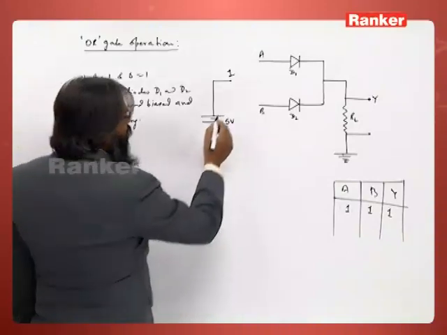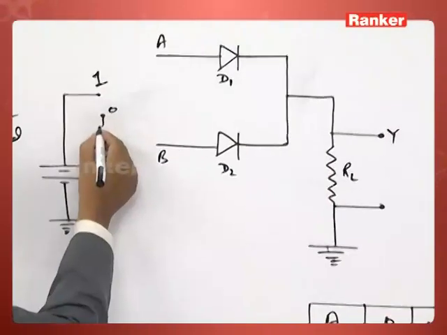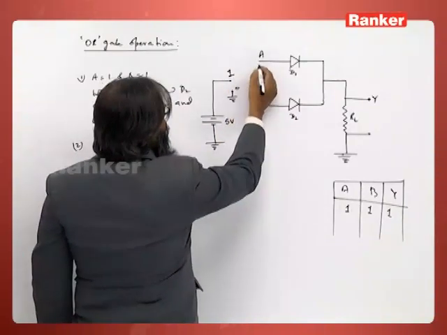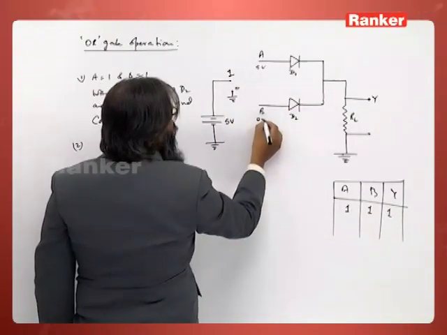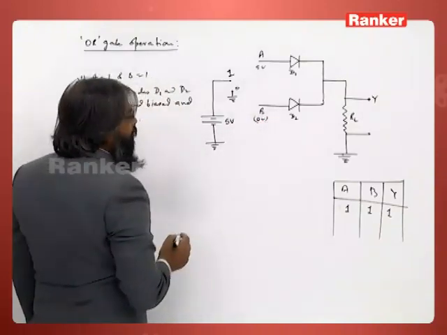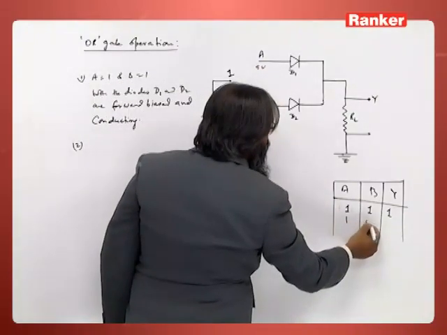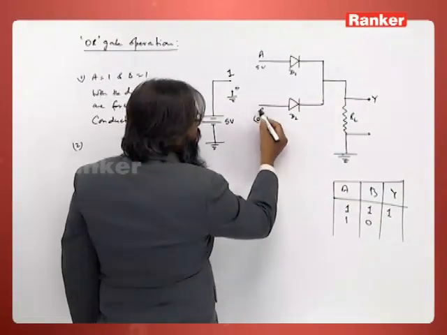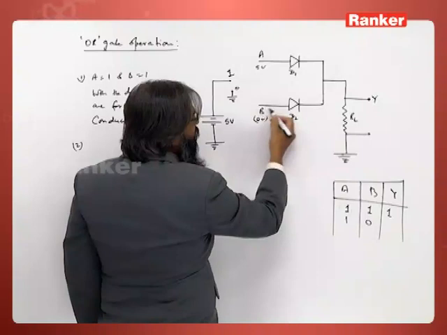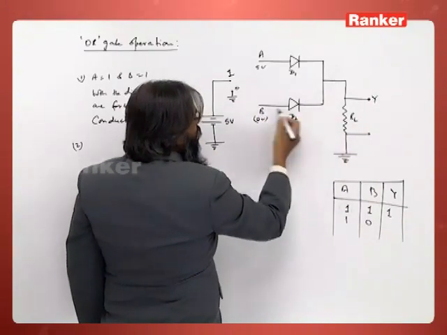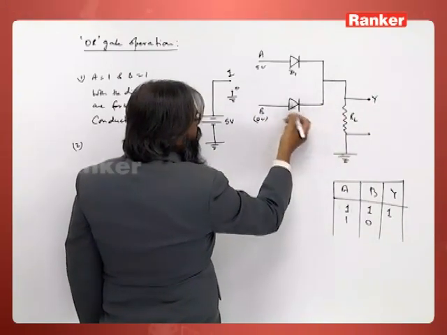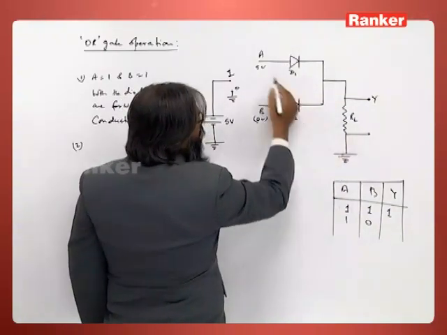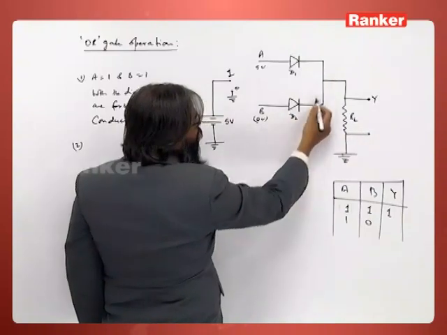Now the second position. This was my 0 position. So I connect this to this and this, that means this is 5 volts and this is 0 volts. That means my A is 1 and B is 0. Let us see what happens. This is 5 volt and this is 0 volt. So this one is conducting, but this is not conducting.